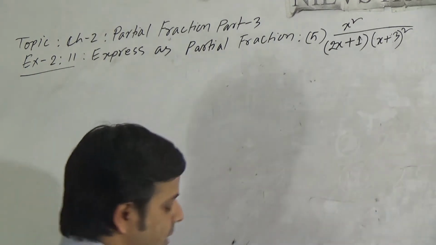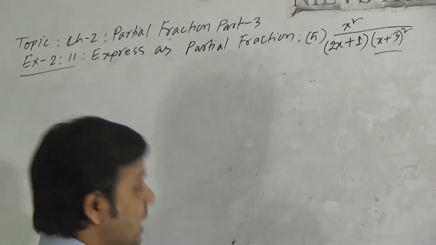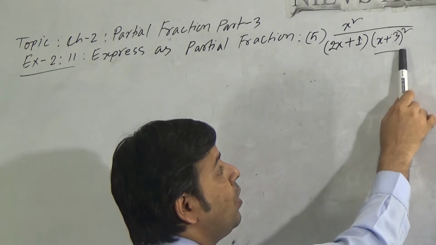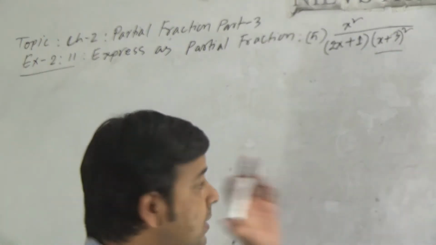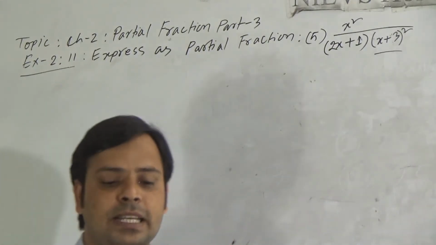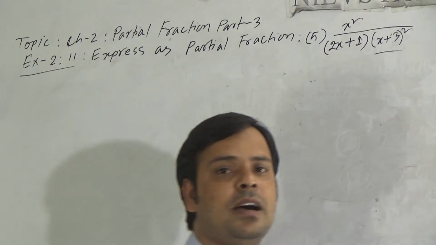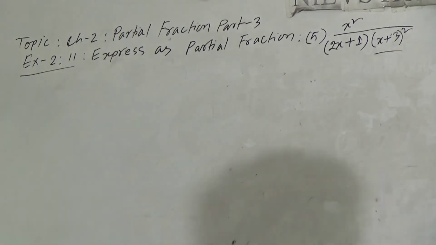If you notice here in the denominator, x plus 3 is a factor and here is the whole square on the factor. It means that the factor x plus 3 is repeated here. It means that when the factors of the denominator are repeated, how to express a fraction as partial fraction, we will learn that in our today's class.